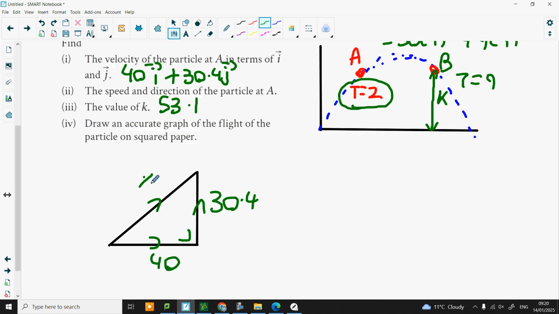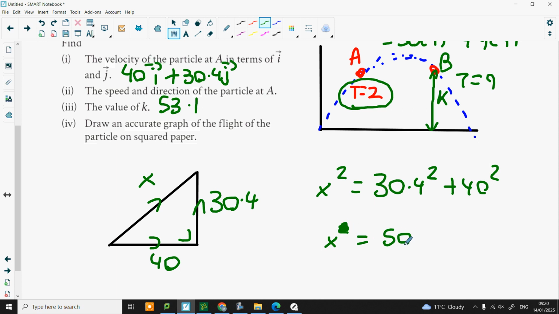Can somebody do Pythagoras' theorem and figure out what x is? 50.24. That's your speed.